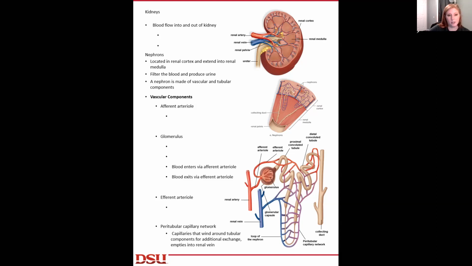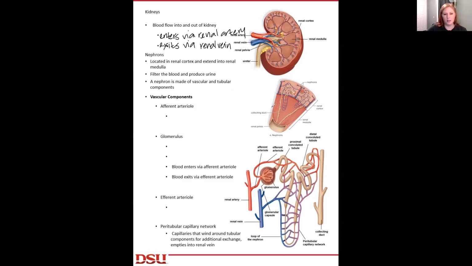So blood enters via the renal artery, and it exits via the renal vein. Deoxygenated at this point, the nutrients and everything else have been dropped off.